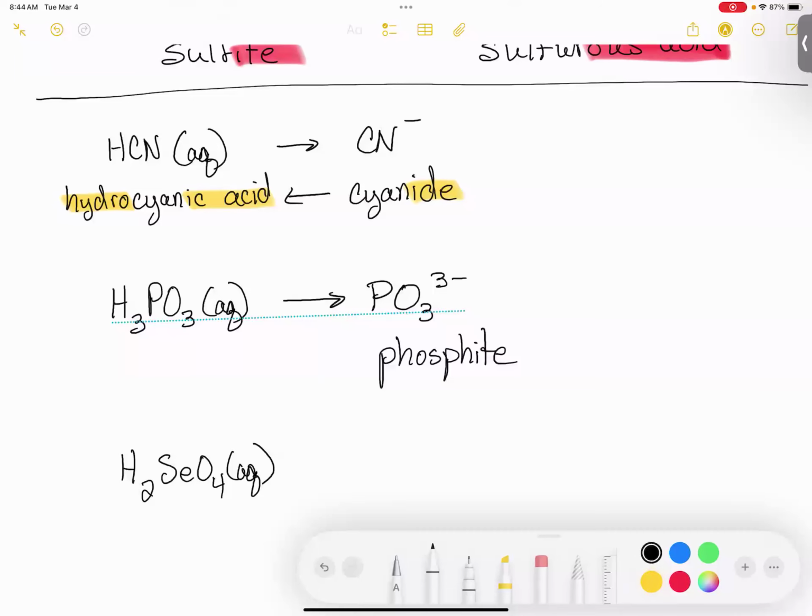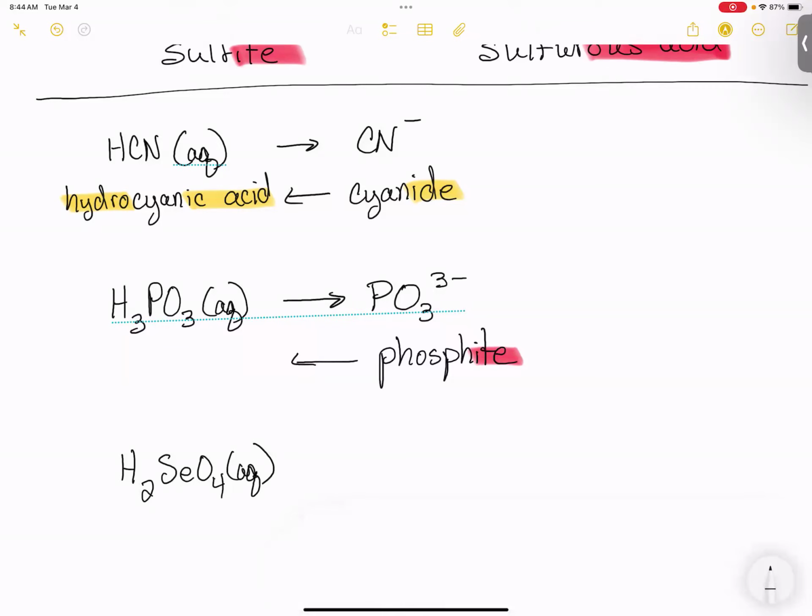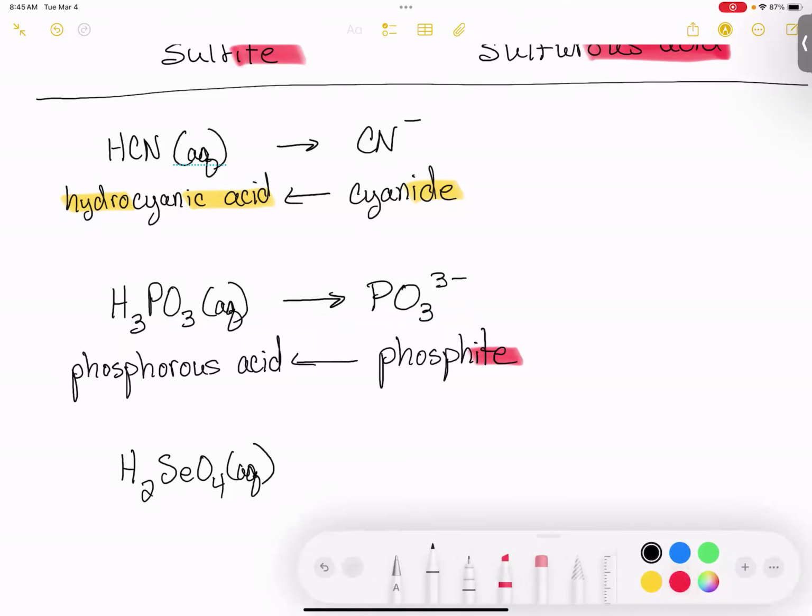Because the -ite is going to tell us what we need to do to name the acid. This one is going to be phosphorous acid. Getting the -ous acid.